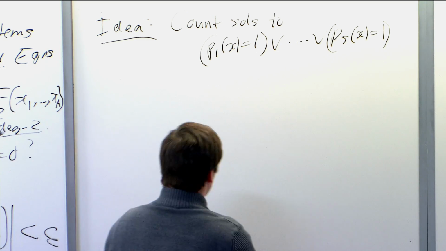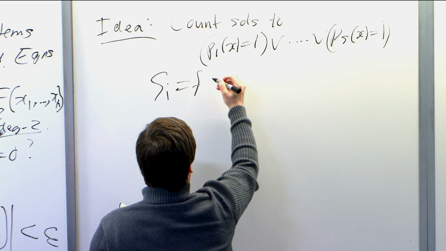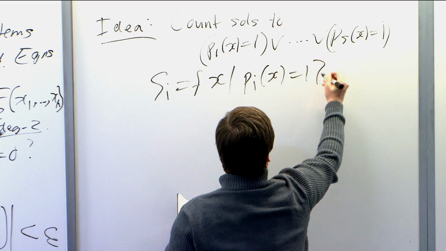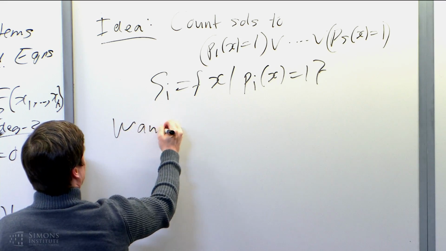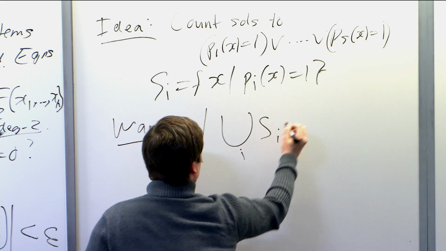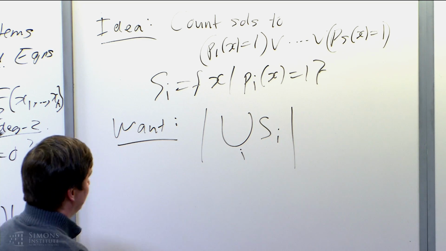All right? So to that end, let S sub i be the set of those points that make the ith polynomial 1. Okay, so what we want is to approximate the cardinality of the union of these different sets.